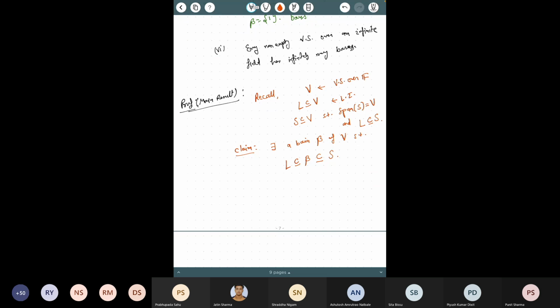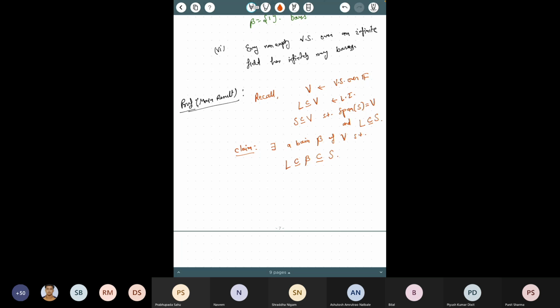And to prove this, I want to use Zorn's lemma. Can you recall what is Zorn's lemma? Yes, sir. If every totally ordered subset of a partially ordered set has an upper bound, then it must have a maximal element.